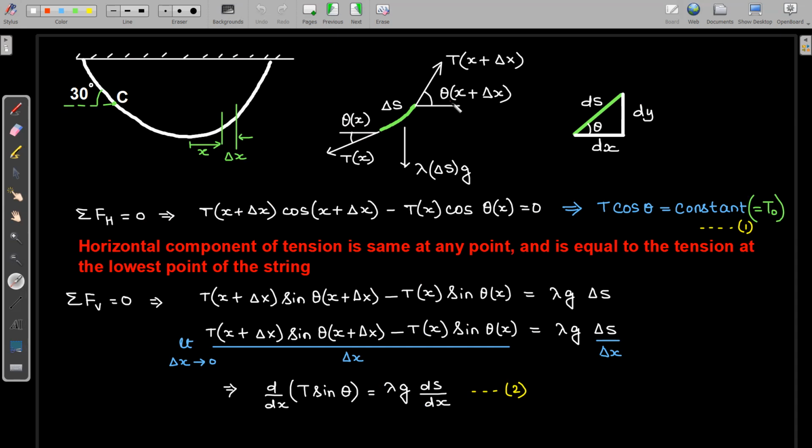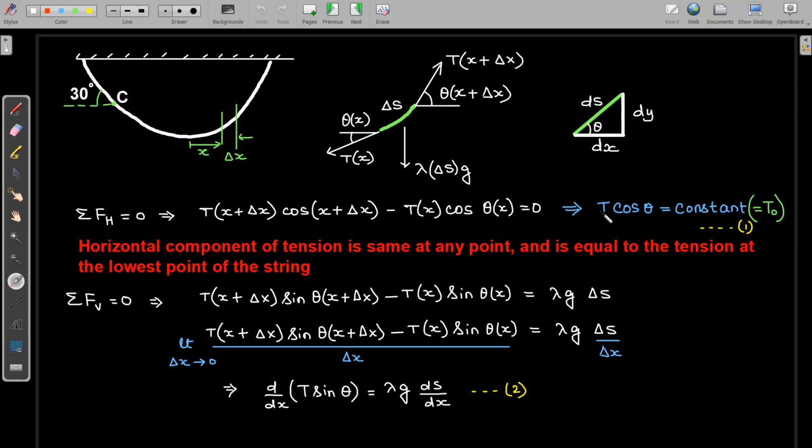So at position x plus delta x, it is T(x + Δx) cos θ(x + Δx), minus T(x) cos θ(x). This net force should be zero. So this equation tells me that the horizontal component of tension at any point on this rope is going to be a constant value.